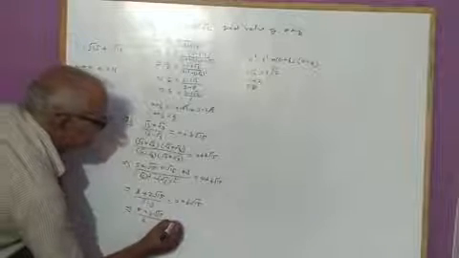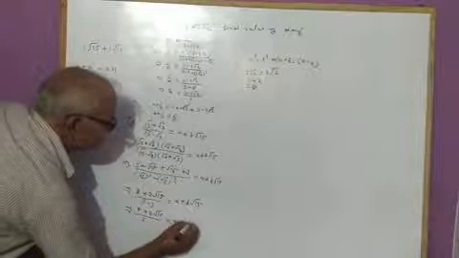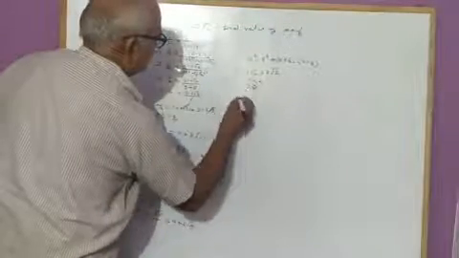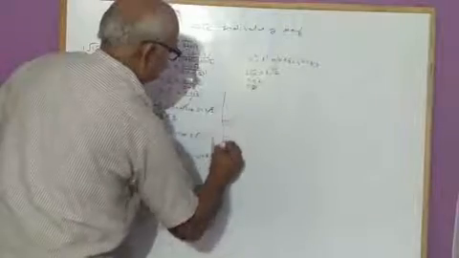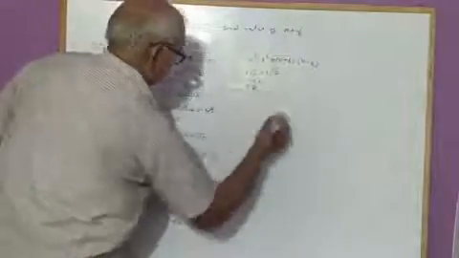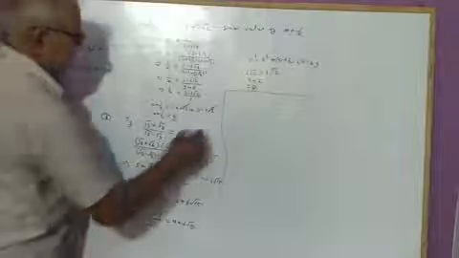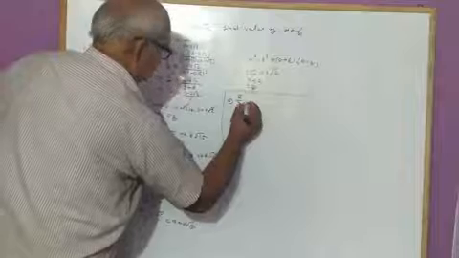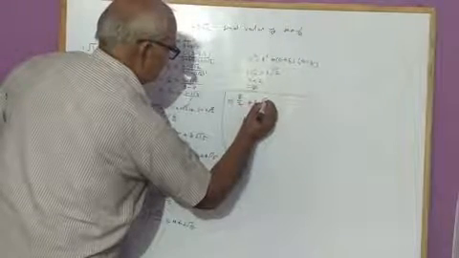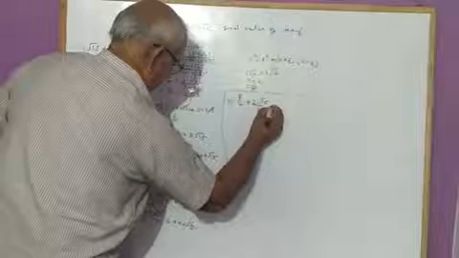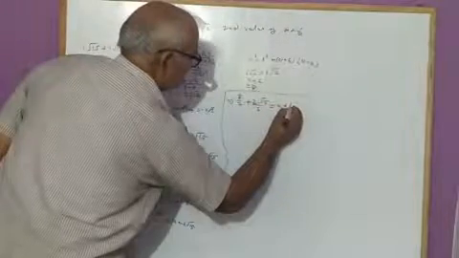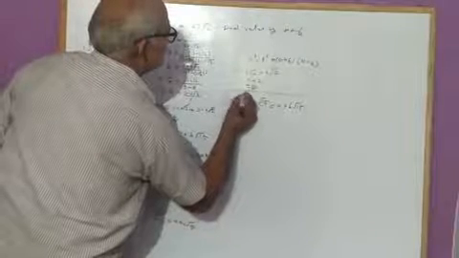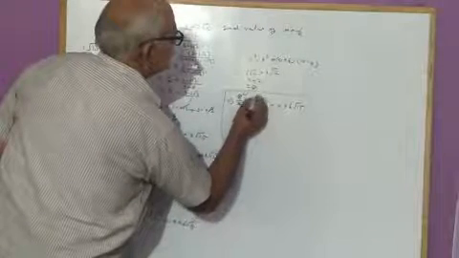This is equal to a plus b root 15, so you convert it into this form. 8 upon 2 plus 2 root 15 upon 2. 2 fours are 8, and 2 ones are 2.